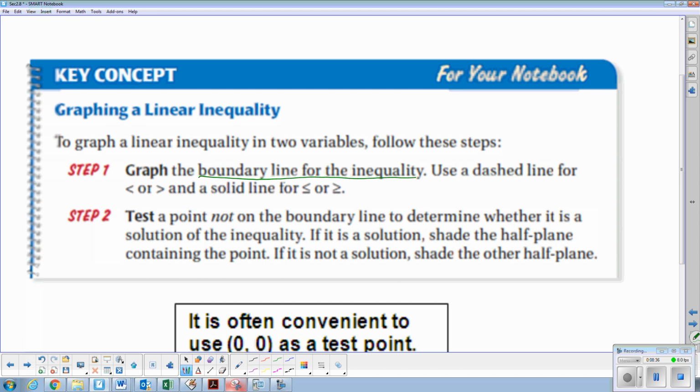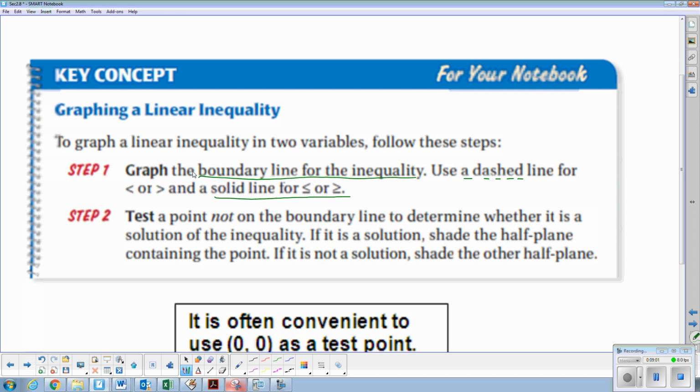If it says less than or greater than, we're going to use a dashed line. If it says greater than or equal to, or less than or equal to, we're going to use a solid line. After we graph the boundary line, we're going to test a point that is not on the boundary line. It can be any point, any x or y, but it cannot be on the boundary line.